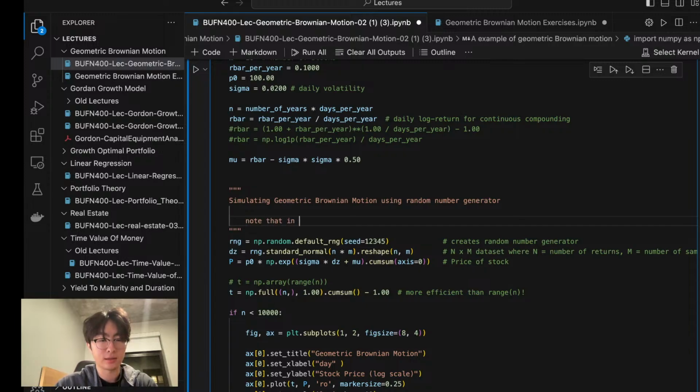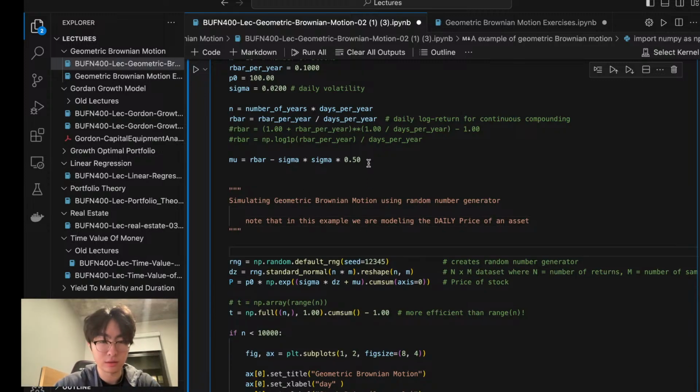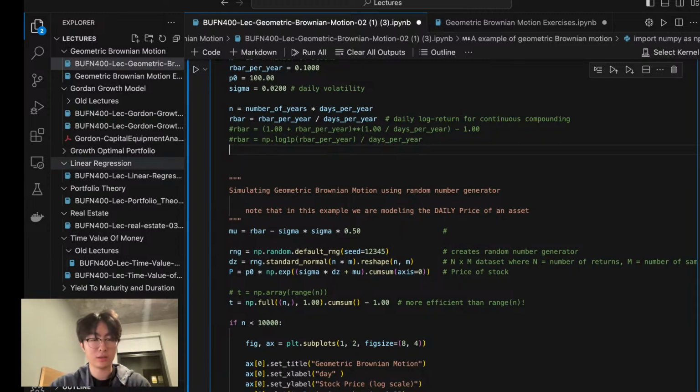Note that in this example, we are modeling the daily stock price, daily price of an asset. Right. So this is important. Mu is equal to.